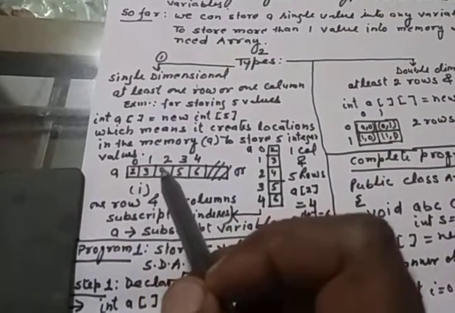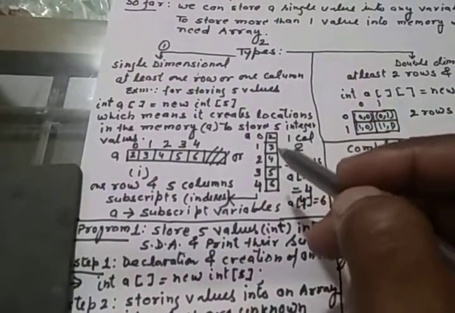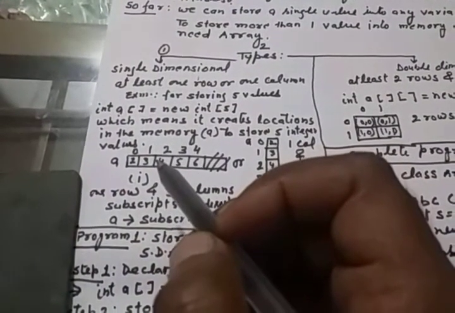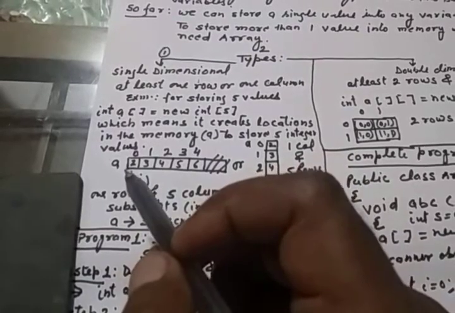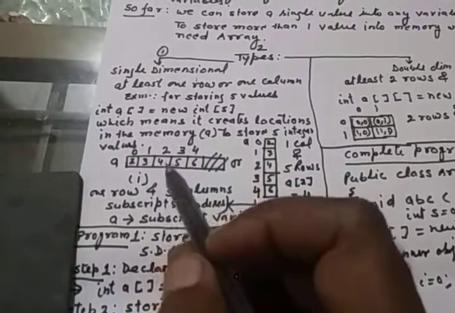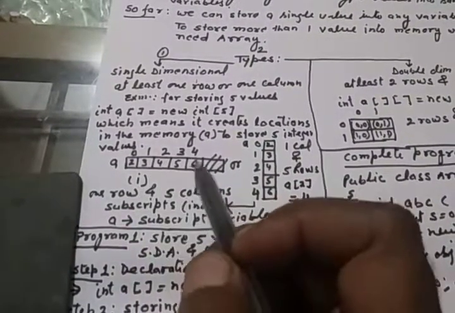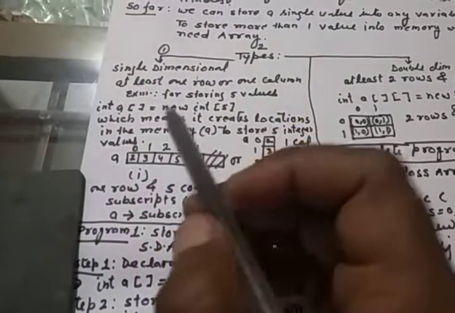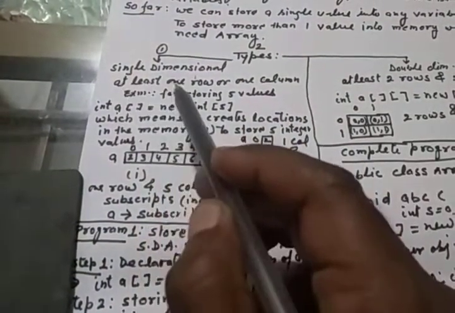Either you consider it in a horizontal way or in a vertical way; it is your assumption. So what I want to say is, a single dimension array contains only one row or one column. In single dimension array, at least one row or one column must be there.